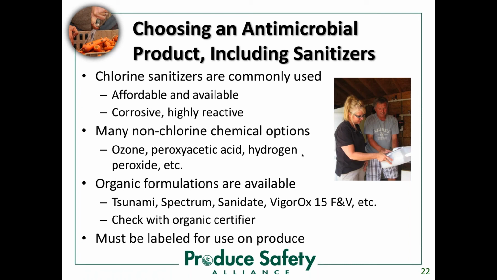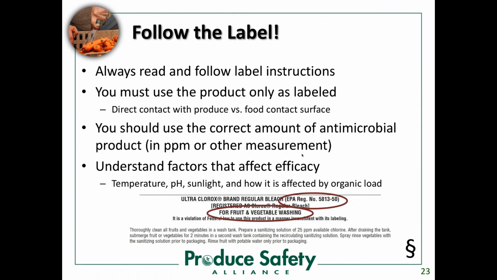Here are a few of them that are mentioned. But the key thing, no matter what you use, it must be labeled for use on produce. Please do not take a bottle of Purex or Clorox that you use in your laundry room and dump it in your wash water as a sanitizer. It must be labeled for food use.